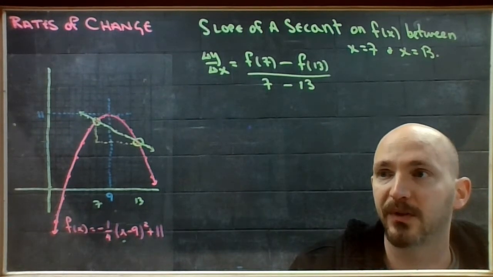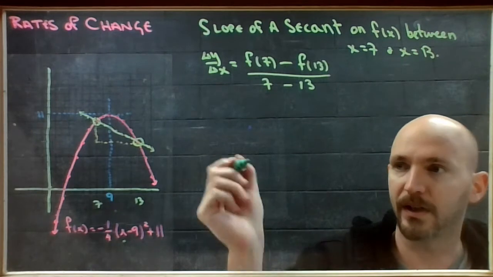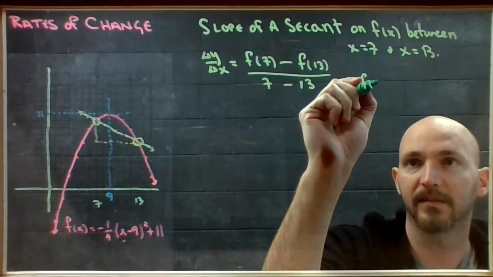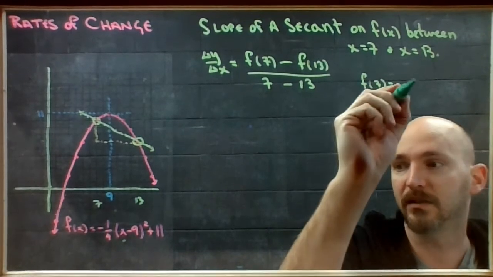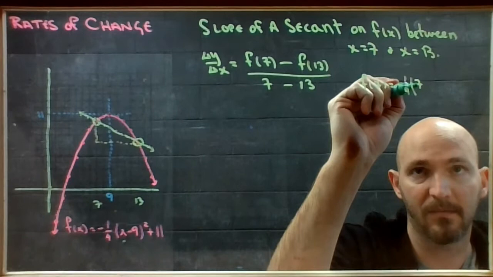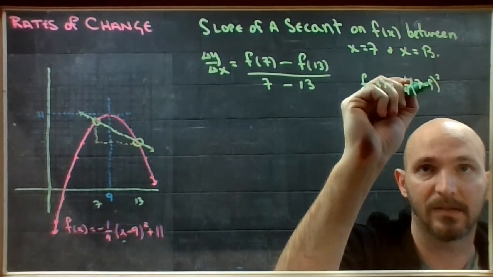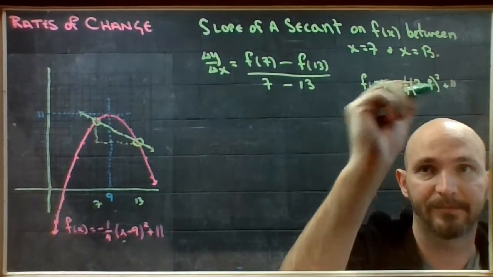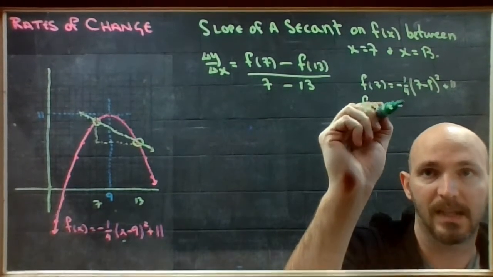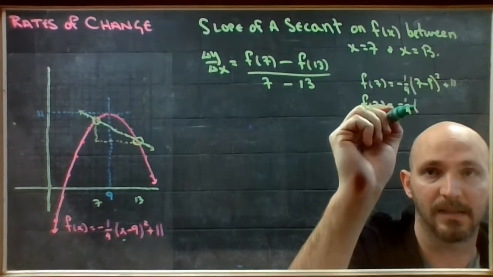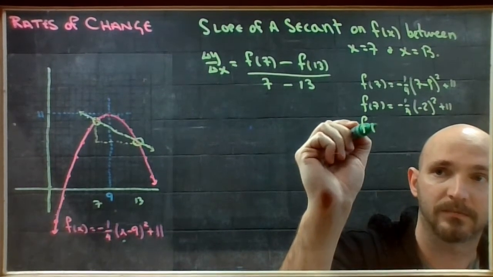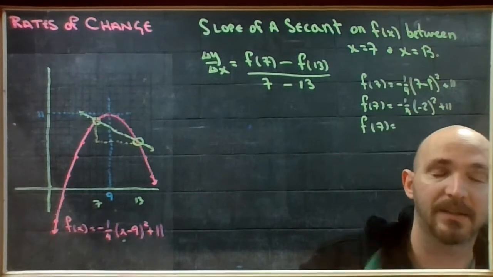Okay, so to do a little work here, the function at 7 would be -1/4 of (7 minus 9) squared plus 11. So 7 minus 9 is -2. -2 squared is 4.